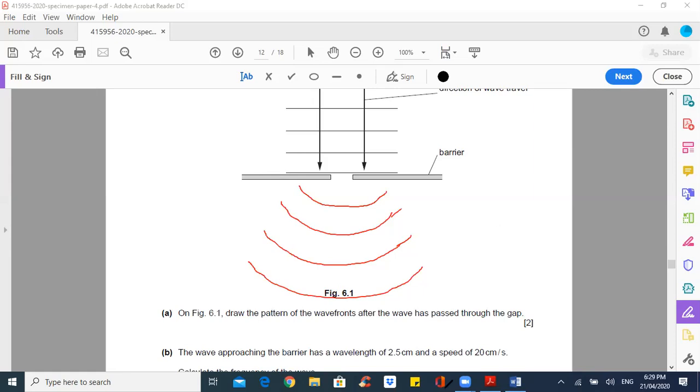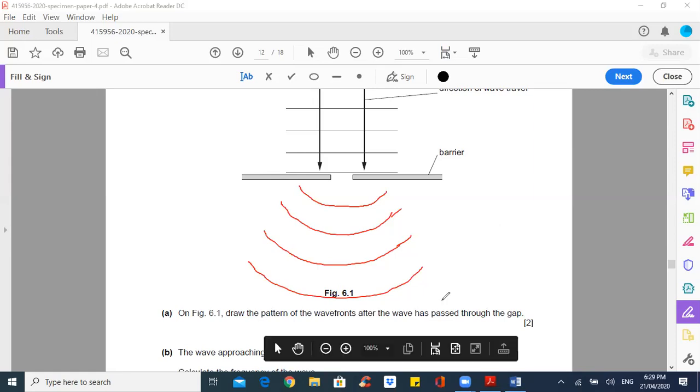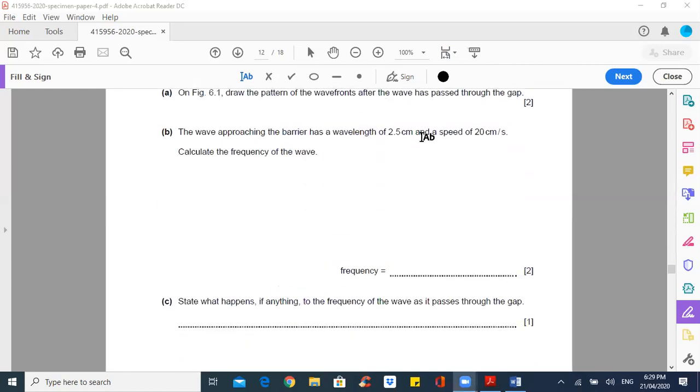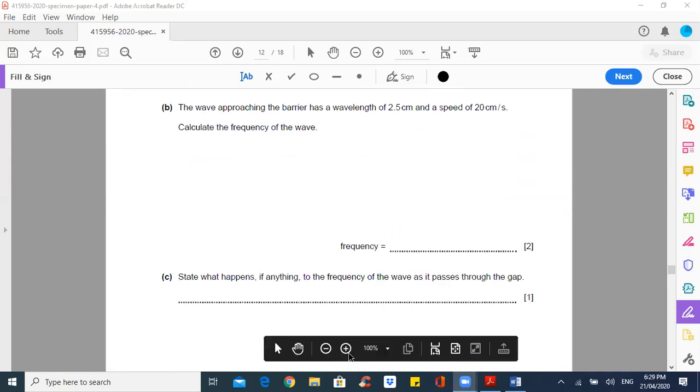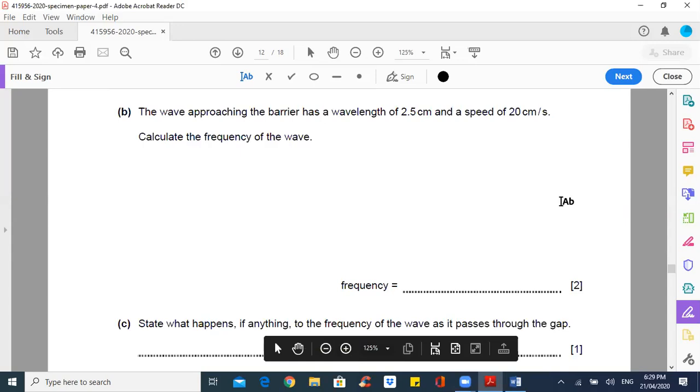Nice, we're moving forward. It said here the wave approaching the barrier has a wavelength of 2.5 cm and a speed of 20 centimeters per second. They're asking us to calculate the frequency.